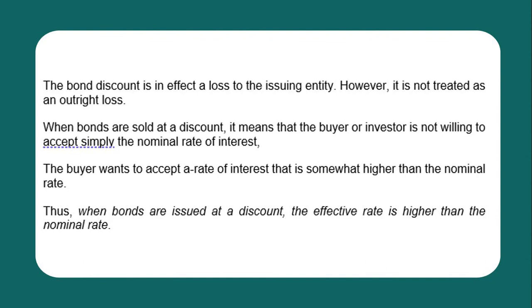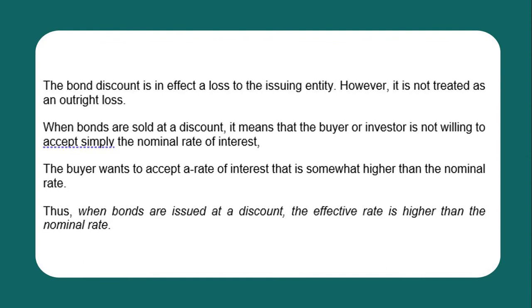Meaning, we do not directly report it in profit or loss. When bonds are sold at a discount, it means that the buyer or investor is not willing to accept simply the nominal rate of interest. They really want more than what they are actually to receive.